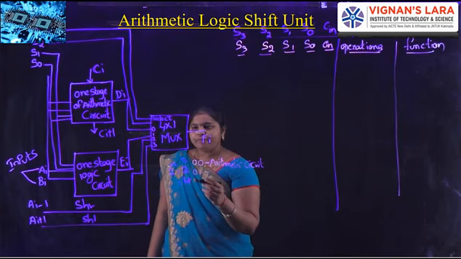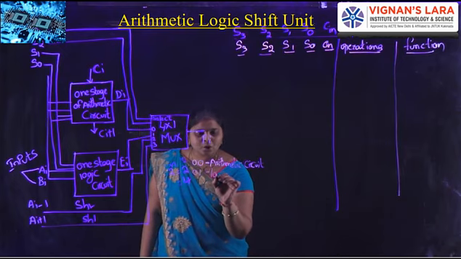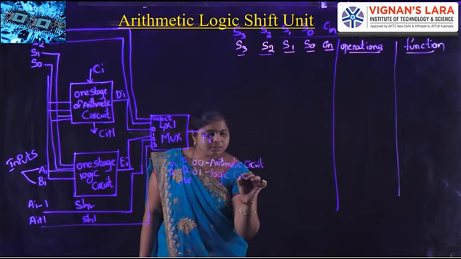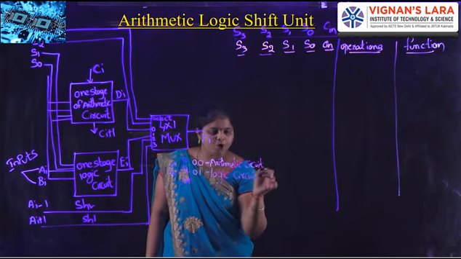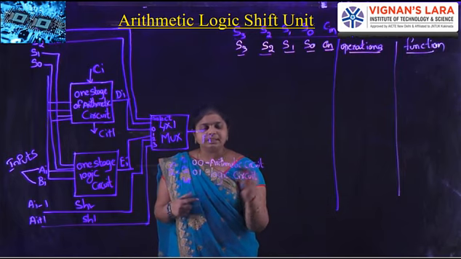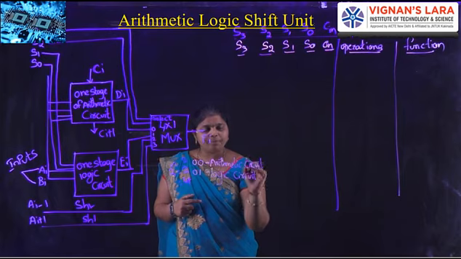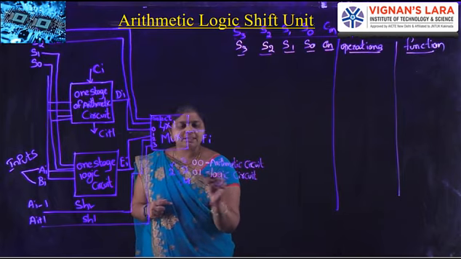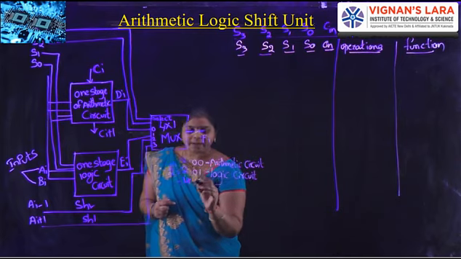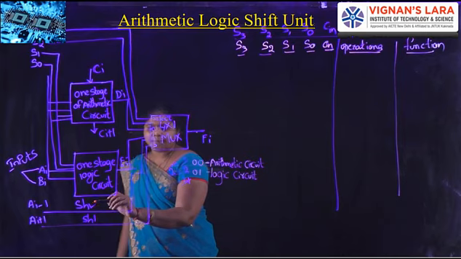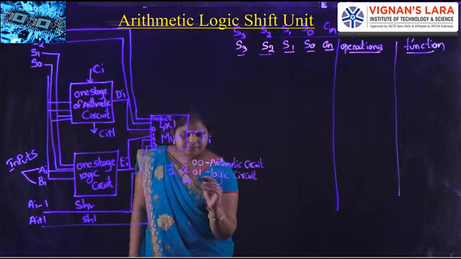That's why for 1 we perform logic micro operations. For 0, 0 we perform the arithmetic micro operations by using the arithmetic circuit, and for 0, 1 the logic micro operations. Input 2 receives the input from SHR, which means shift right.